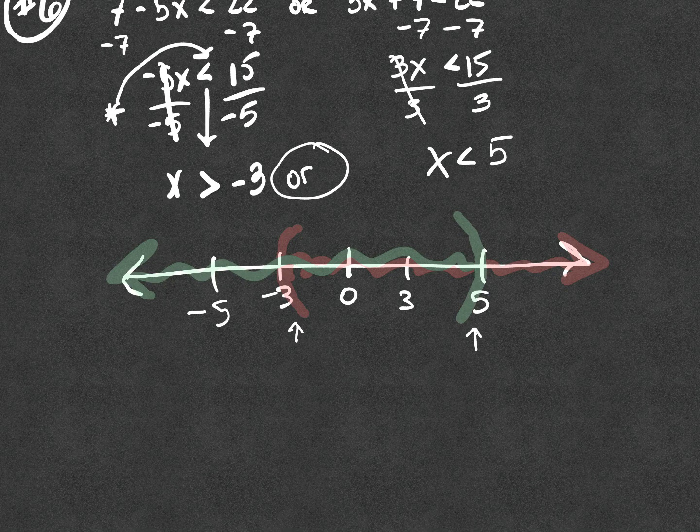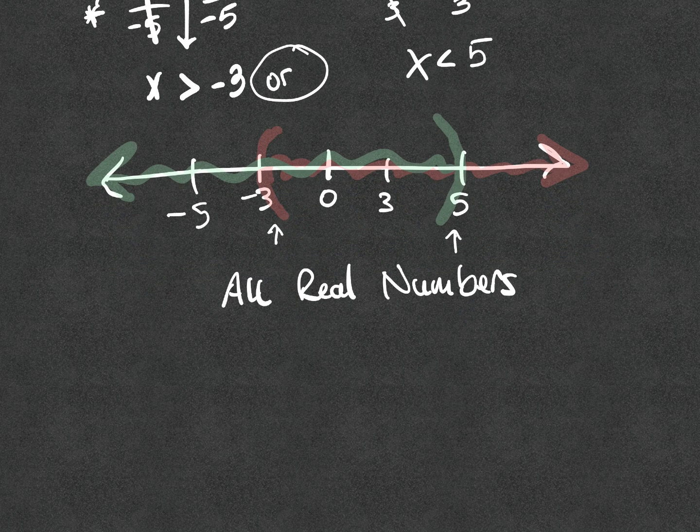But because it's or, the answer is all real numbers. You can write all real numbers, or you can write that in proper notation, which includes everything negative and everything positive, infinity, and that's all real numbers right there.